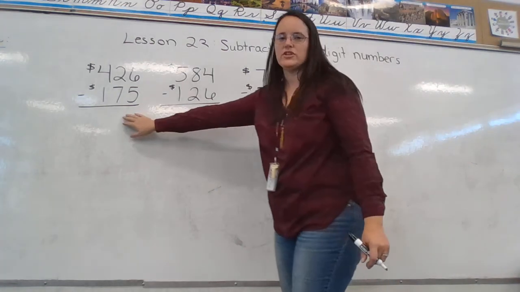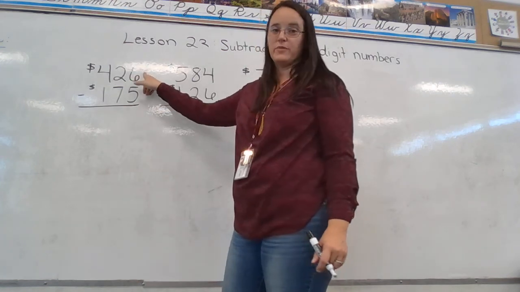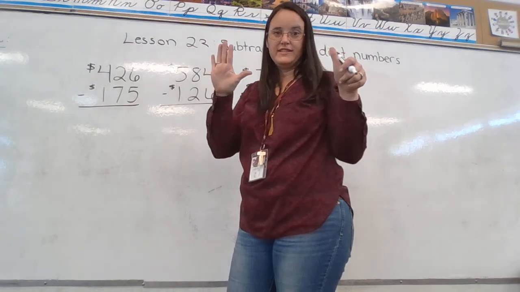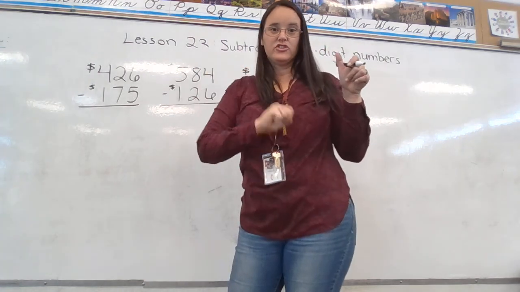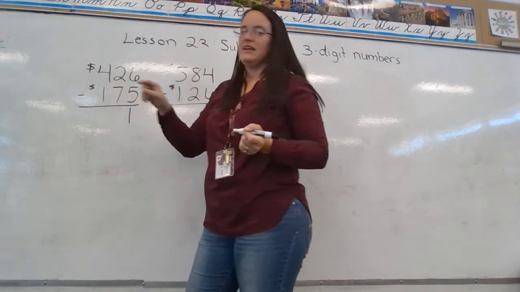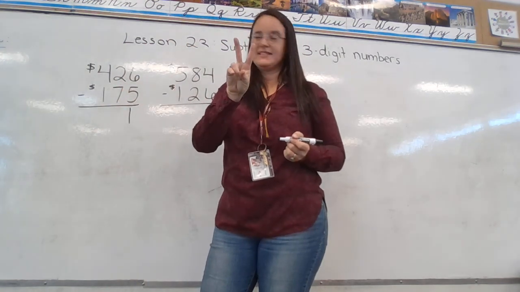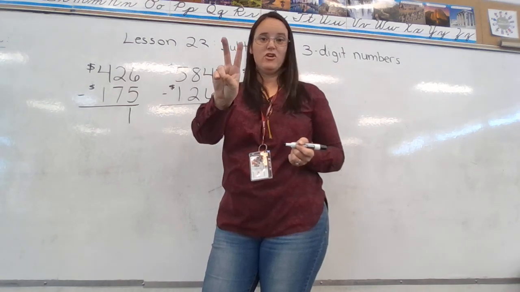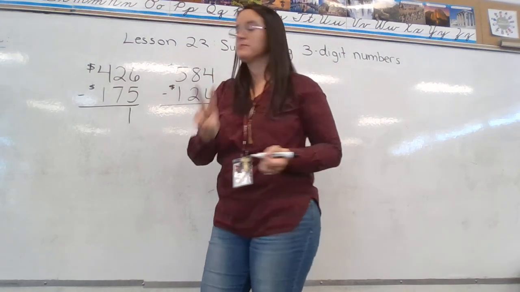Okay, so starting with this one, and starting with our ones. 6 minus 5. If I have 6 ones, can I give you 5? Sure can, and I'd have 1 left. If I have 2 10s, can I give you 7? No, I only have 2, so we have to borrow.